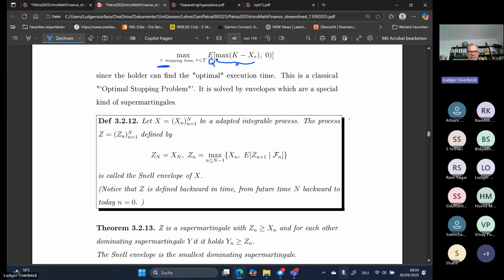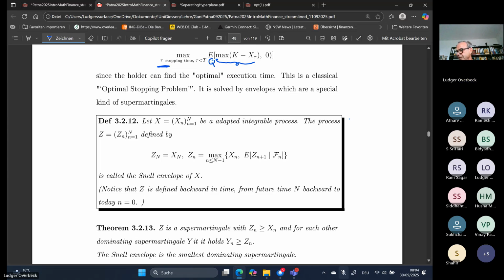So if you have an adapted integrable process, x here actually denotes, if you think in terms of option pricing, the payout at time n. So what do you do in option pricing? Each time you think, okay, what do you want to do? You want to execute.